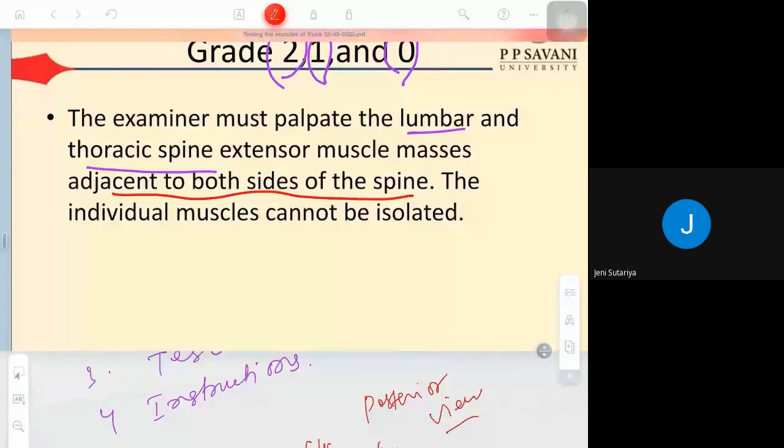So it is difficult for you to isolate whether it is thoracic extensor or lumbar extensor. So individually you cannot isolate it, but you can isolate together. So you can palpate together.